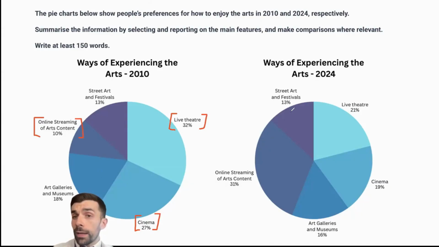However, this changed greatly in 2024, where online streaming now made up 31%, increasing almost 3 times, while cinema and live theater decreased significantly. On the other hand, street art and festivals and art galleries and museums remained more or less consistent, with no change in street art and festivals and only a very minor decrease in art galleries and museums.